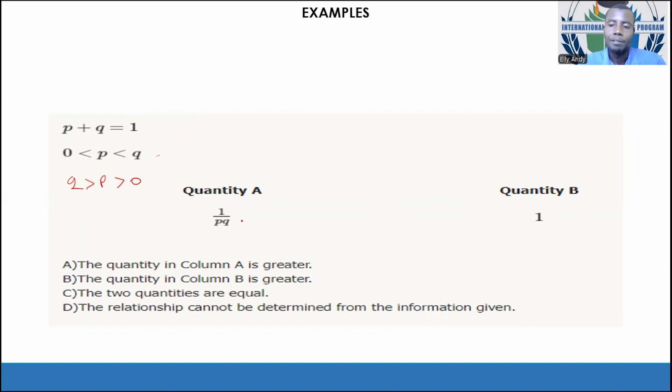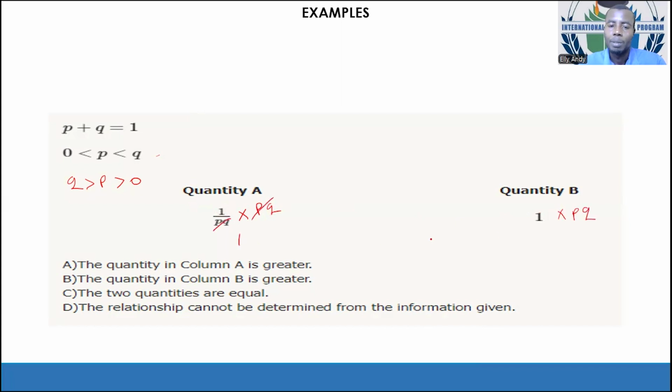So that one is significant because it can help us simplify the two quantities. Remember we said for multiplication or division, you can only do matching operations if the operations you are doing involve positive values. So here we already know that Q and P are positive. That means we can multiply quantity A with PQ and quantity B also with PQ.